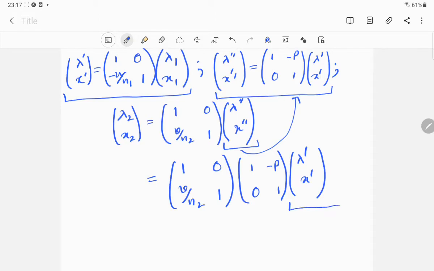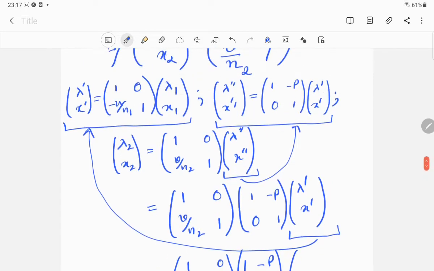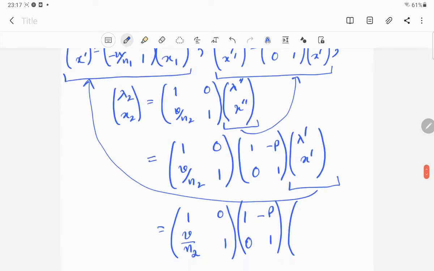Okay, now this can be put from here, so it will be 1 0 v by n2 1, 1 minus p 0 1. Okay, and this is nothing but 1 0 u by n1 1, 0 minus u by n1 1, and that goes to lambda 1 x1.